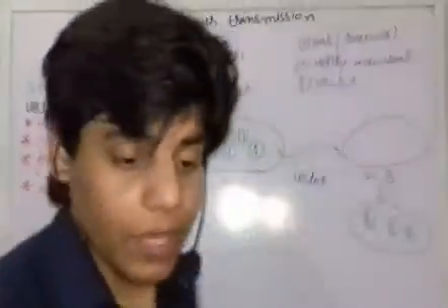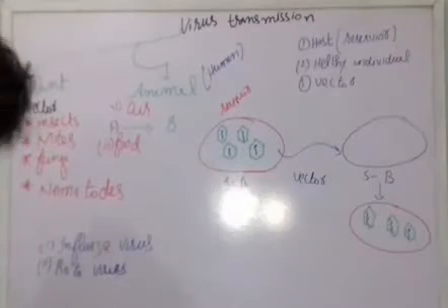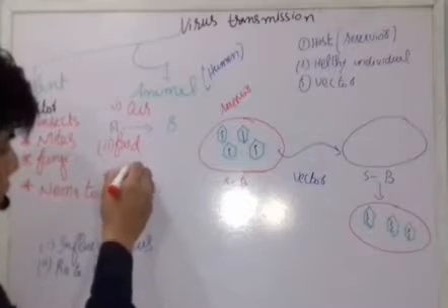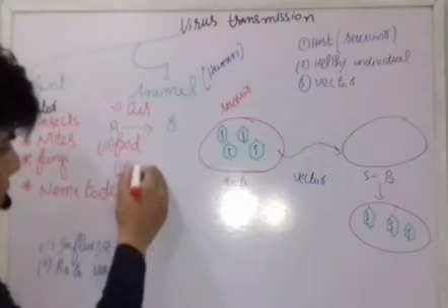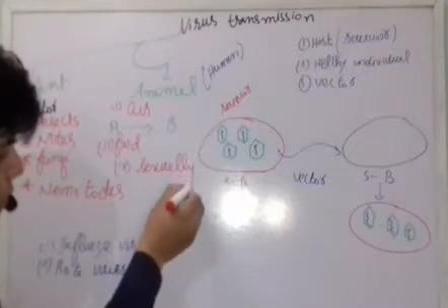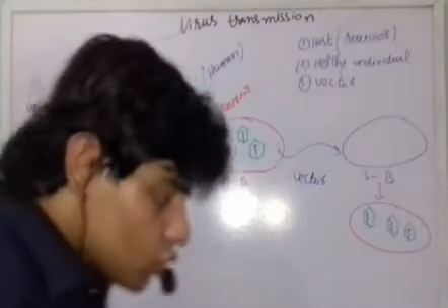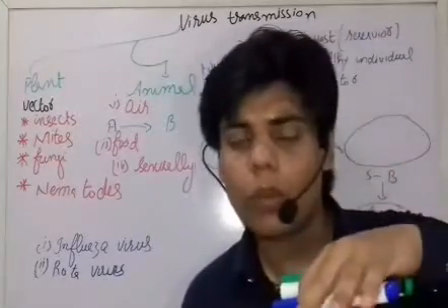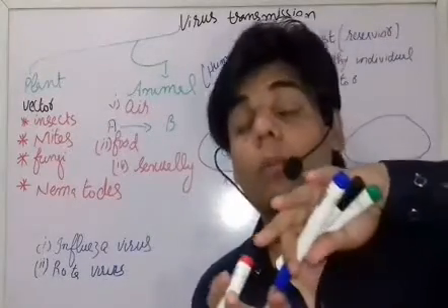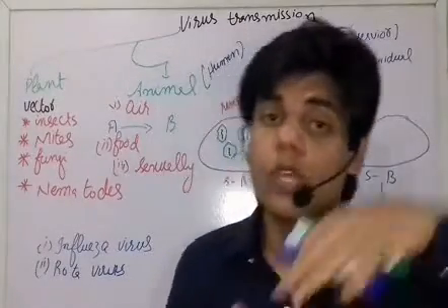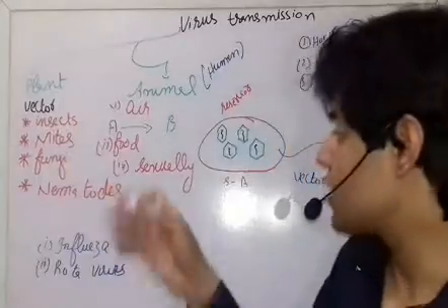Now, third, we have sexually transmitted, or we can say simply sexually. So viruses are also transmitted from an infected animal or infected human to the healthy human through sex.